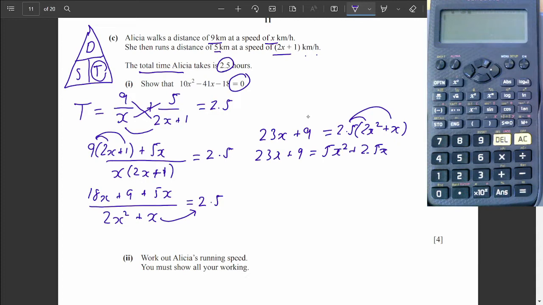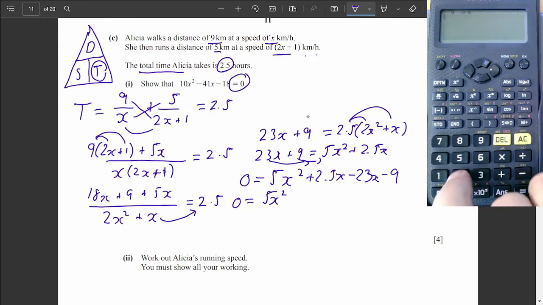So I'm going to put the 0 on the left side, which means I've got the 2.5x. I move the 23x to the other side, so that's minus 23x. And we move the 9, so that's minus 9. That will give us 5x squared, 2.5 minus 23, a nice minus 20.5x, minus 9.